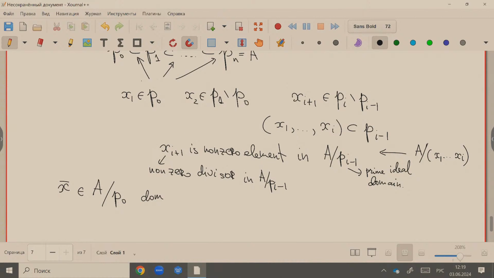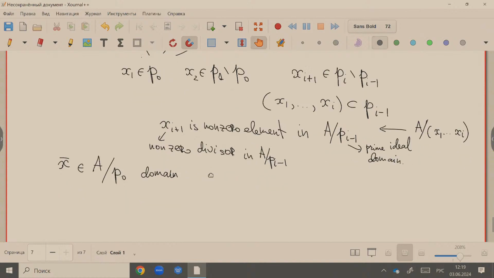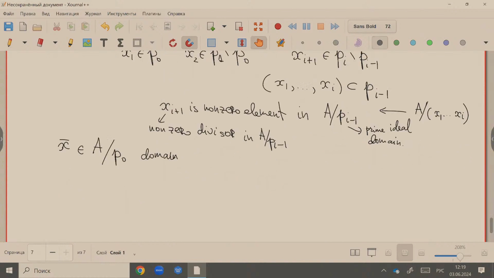I'm just doing the first step of this sequence. And the trick is to compare dimensions, not to prove that, that is, the trick is precisely not to say that xi plus 1 is a non-zero divisor modulo the other elements, but to get around that.